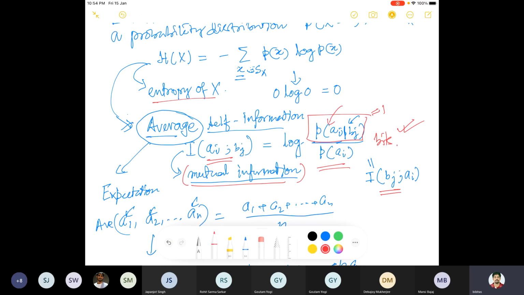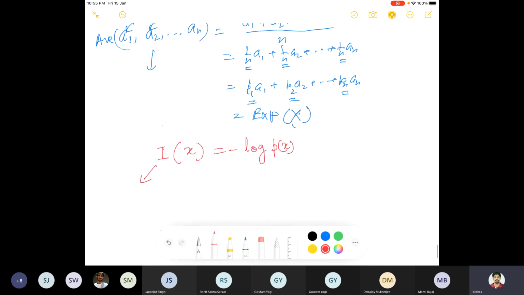So if these two possible outcomes, one for the input and another for the output, are independent, that means one does not carry any information about the other. So this measures the amount of information which Ai carries about Bj or Bj carries about Ai. If that interpretation is correct, then what is I(x)?